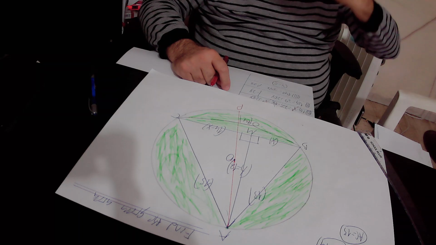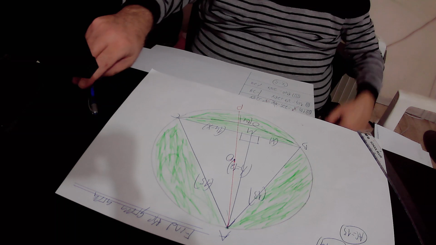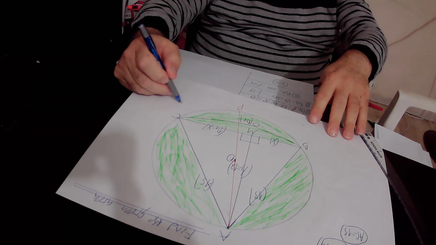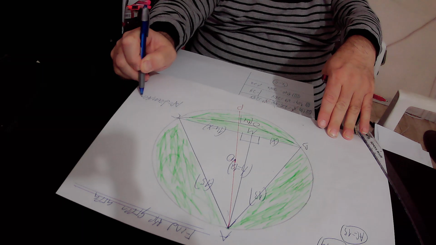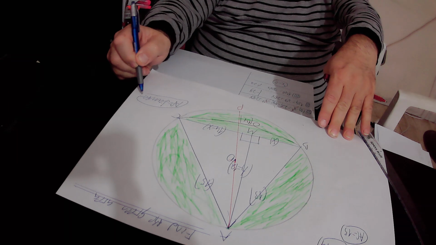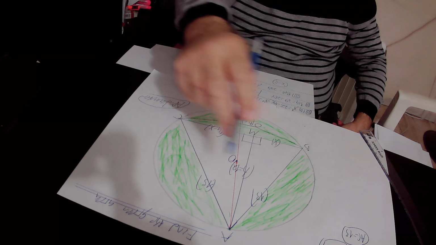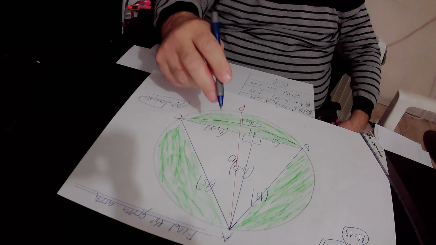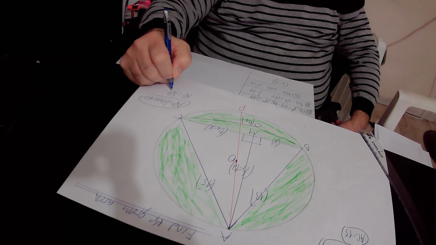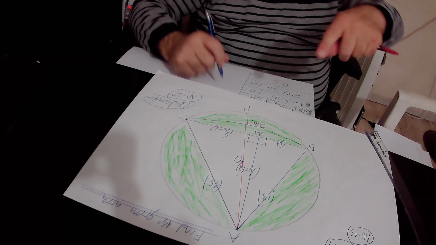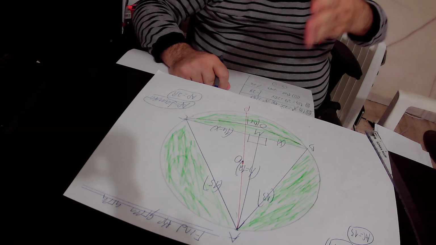And we know that any chord that passes through the center of the circle must be the diameter of the circle. Therefore, chord AP is the diameter of the circle. And we also know that the diameter of any circle is twice as long as the radius. We defined the radius of this circle as capital R, therefore the diameter AP must be equal to 2R. So the length of chord AP is 2R. This is the diameter of this circle.